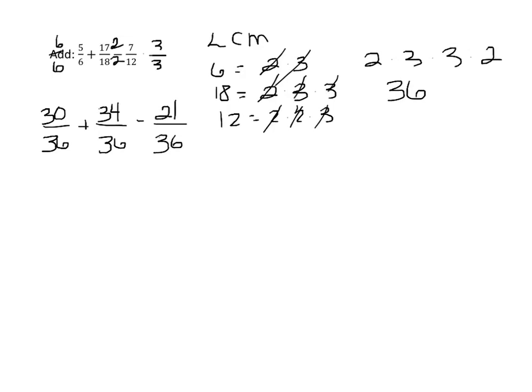So now, all of our pizza slices are the same size, and we can compare how many each person has eaten. 30 plus 34 is 64, and 64 minus 21 is 43 over 36.